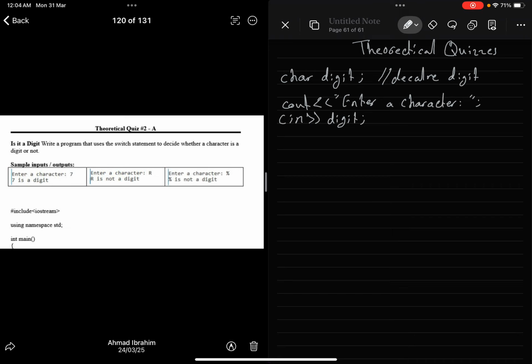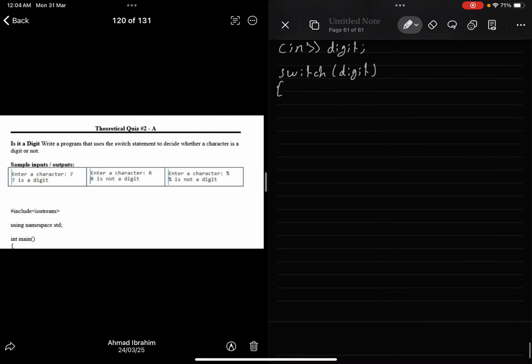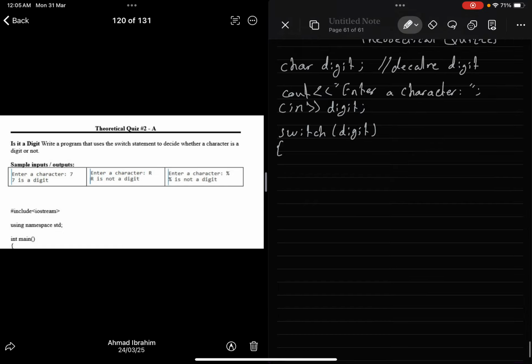Now we will use switch. So switch, and we have the digit, and we open a bracket. So now switch a digit, so we will write case 0 to 9.